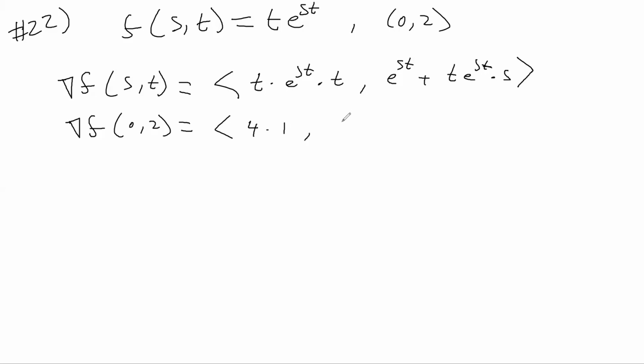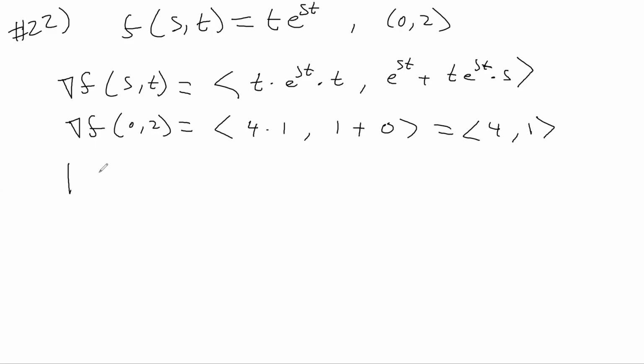And then for f sub t, it'll be e to the power of 0, which is 1, plus t is 2, or this is going to be 0. All right, so that's going to yield a vector of 4, 1. All right, so that's the gradient vector.